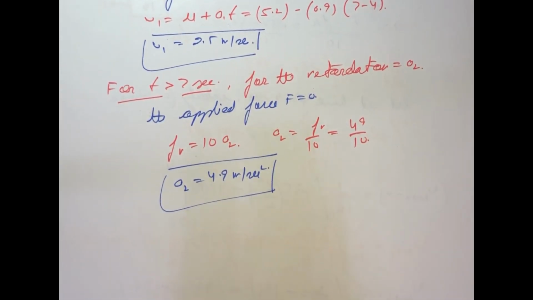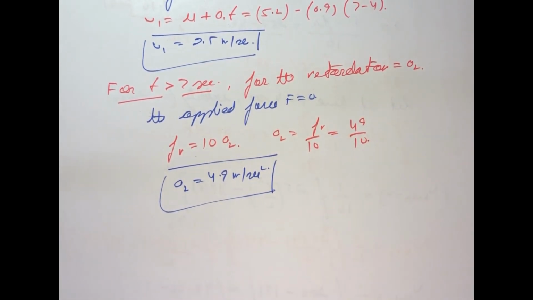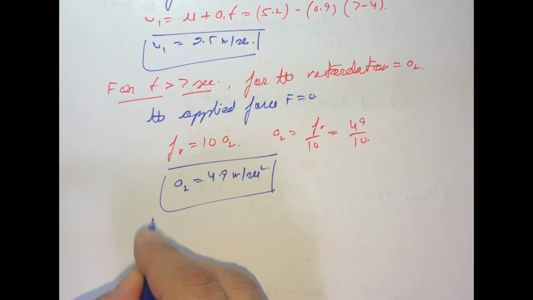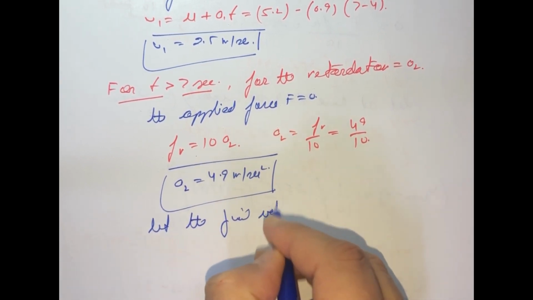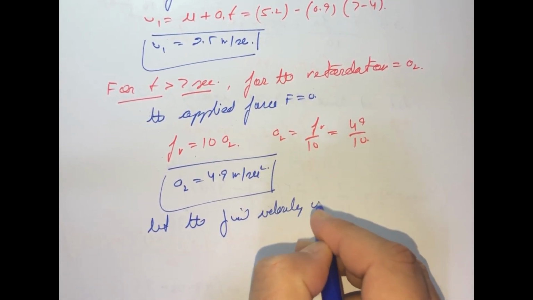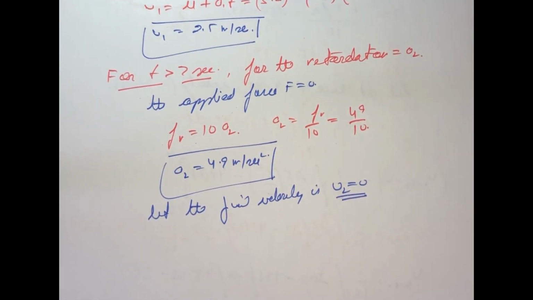And let the final velocity be V2, which will be equal to 0, as it will come to a stop.